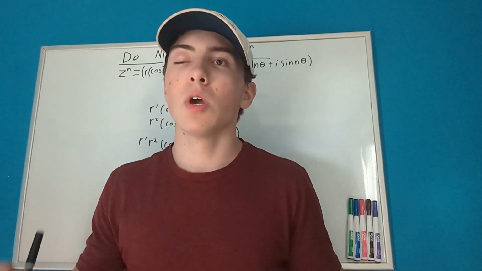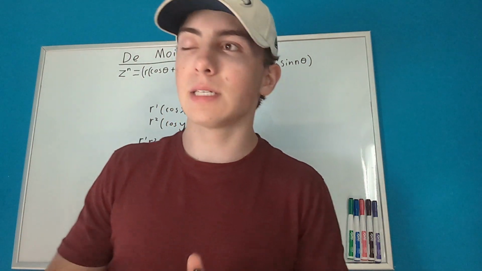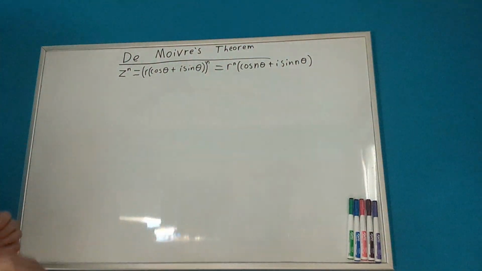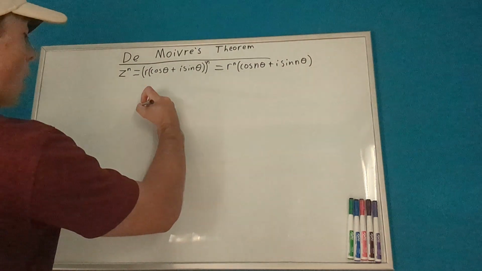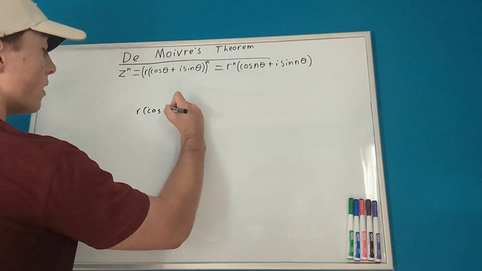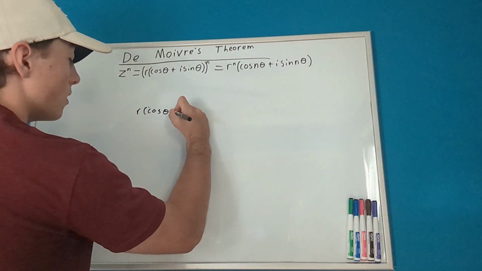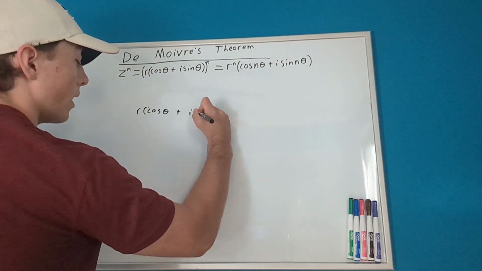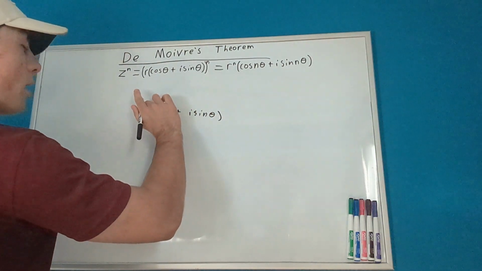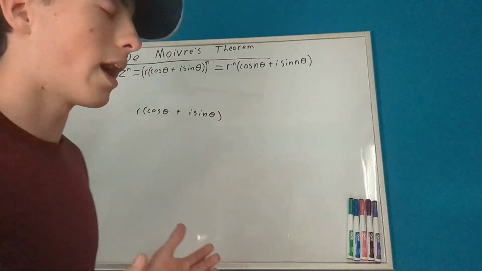But what happens when we're just multiplying it times itself? Well, let's think about it. If we have some complex number, r, let's rewrite it, cosine of theta plus i sine of theta, and we multiply it by itself n times.